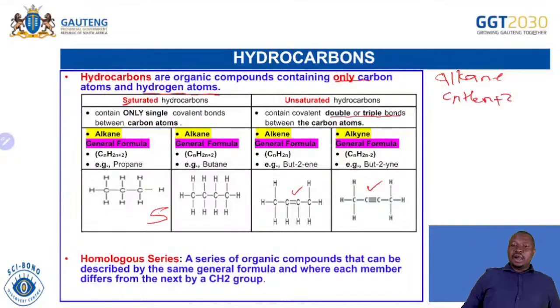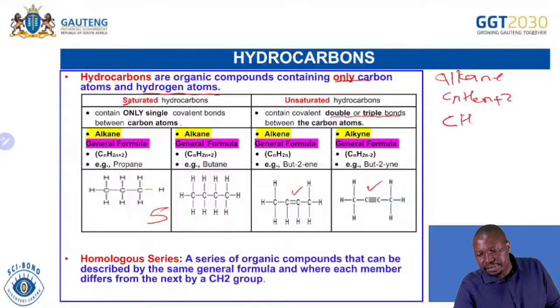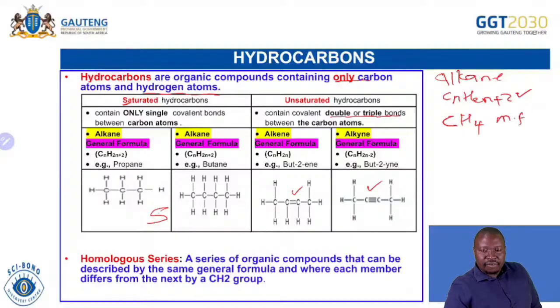For alkanes, the general formula is CnH2n+2. The n stands for the number of carbons. So if we have one carbon, C1, 2 times 1 is 2, plus 2 is 4, so you'll have CH4. So we are able to move from the general formula to the molecular formula.